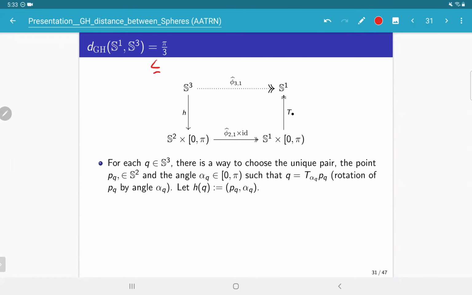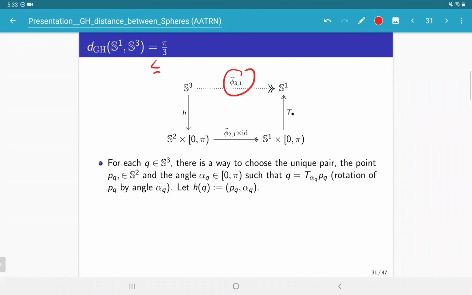To do that, we will build a map phi hat sub 3, 1. It is surjective from S3 to S1. Also, its distortion will be exactly 2 pi over 3.